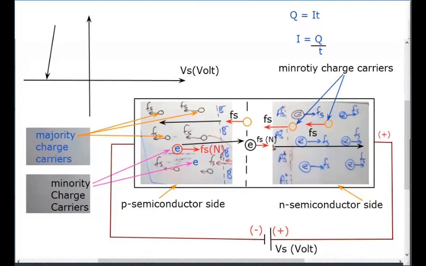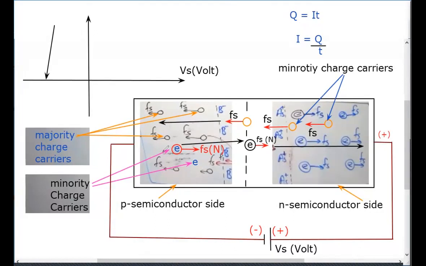If we draw this graph, initially there will be a very small, negligible increase in the current at the beginning, like this. But if we increase the voltage further, this current will become constant.